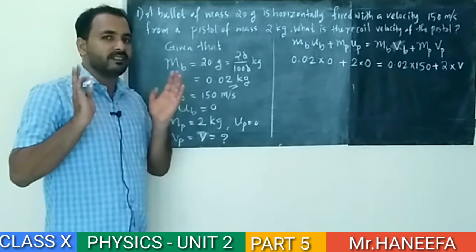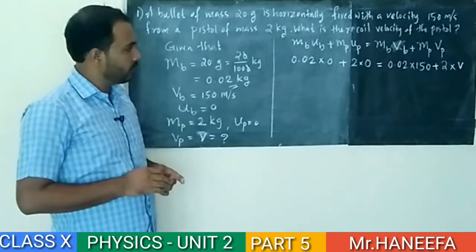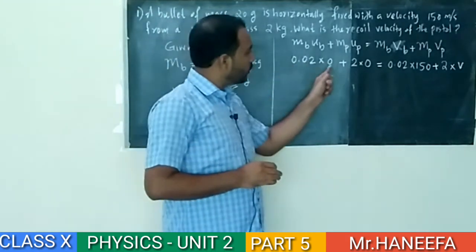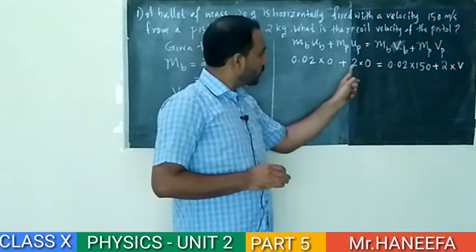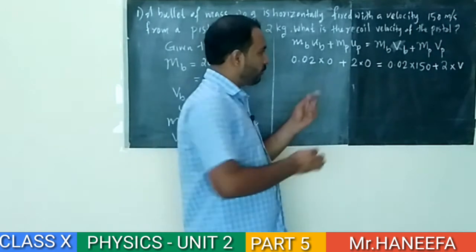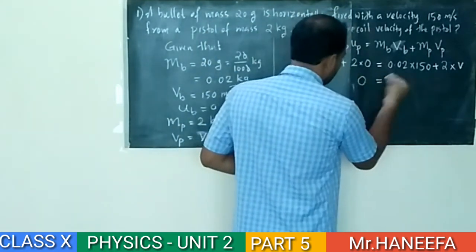We have to find that recoil velocity. So 0.02 into 0 is 0, 2 into 0 is 0. So the left side is 0.